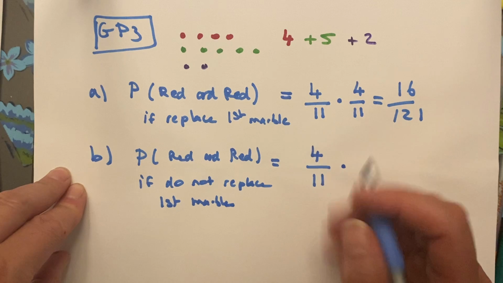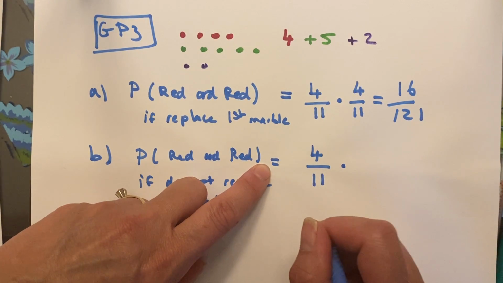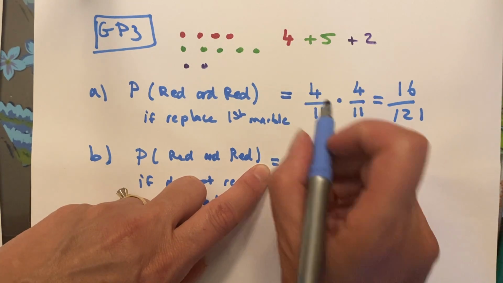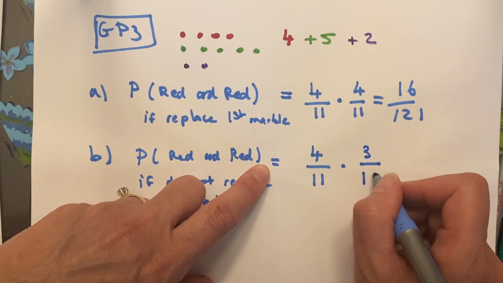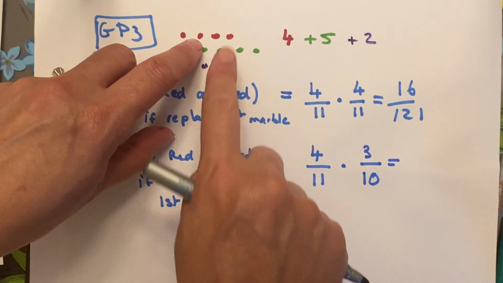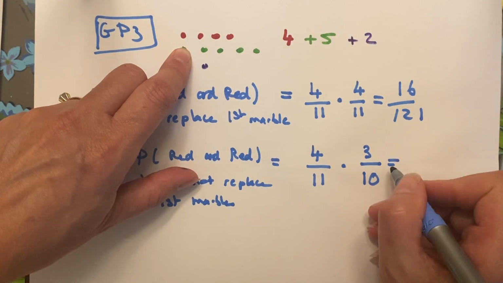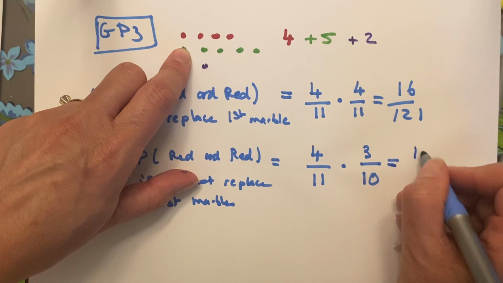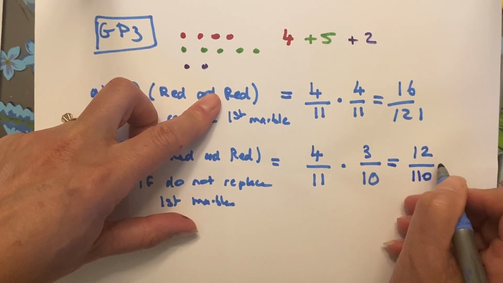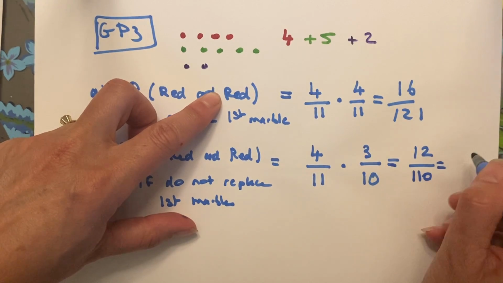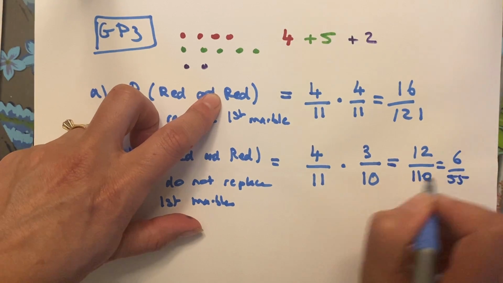I've taken out a red marble, and so the second time around, how many reds are left? Well, there's 3 reds left, but there's also only 10 marbles left, right? Because I've taken out the red, so I have 3 left of the red, but I also have taken out a marble, so total I have 10. So I end up with 12 over 110. And of course, if I reduce, I will end up with 6 over 55.